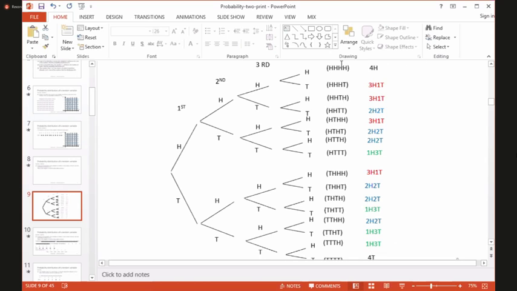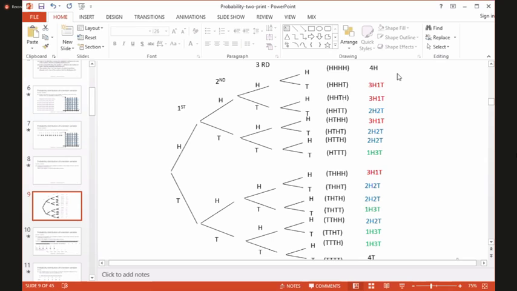These can be categorized into four categories: 4H, 3H and 1T, 2H and 2T, 1H and 3T, and 4T. But the frequency is different.